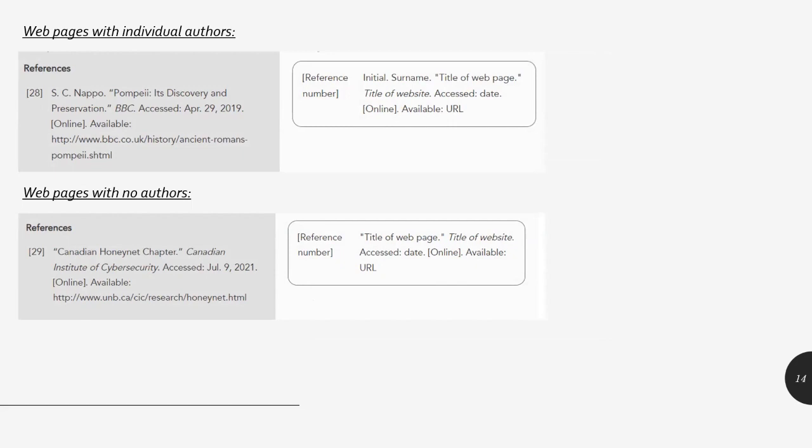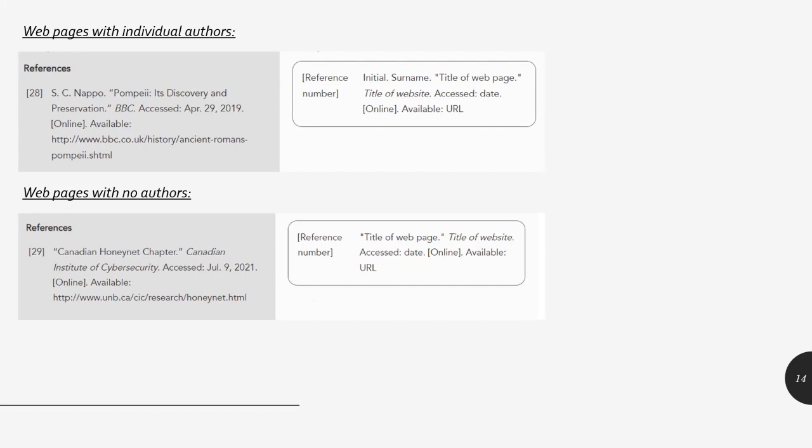As you can see on the right-hand side, we still start with the initial, followed by the surname, followed by the title of the web page, then the title of the website, which is always in italics. We have the access date. And as a reminder, the access date is always abbreviated. You never write the full form of the month. Then you have the available URL.